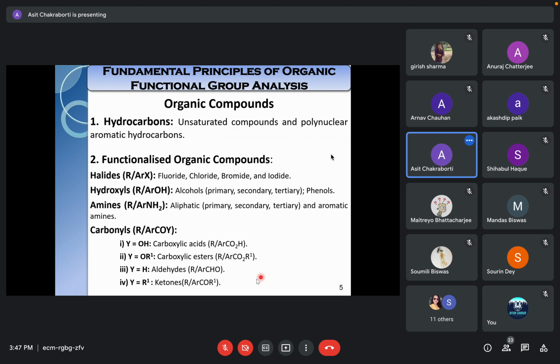So let's see how you are going to distinguish between aldehyde and ketone carbonyl, not by chemical methods, which we will do in the practical. Is it possible by other physical methods to distinguish between aldehyde and ketone carbonyl?